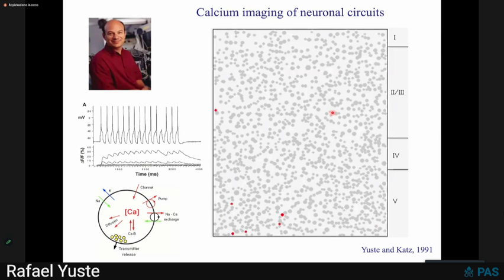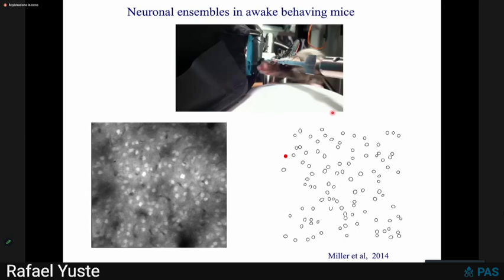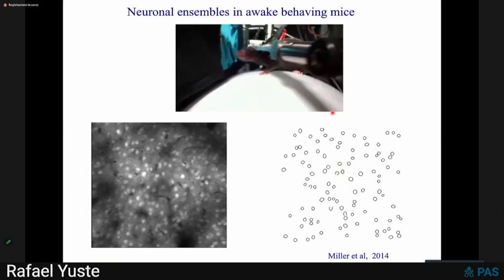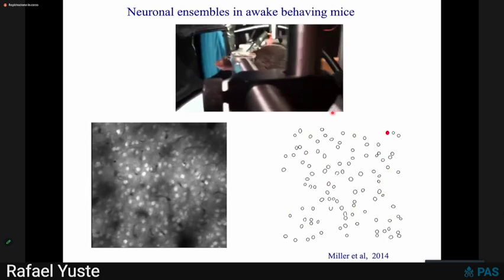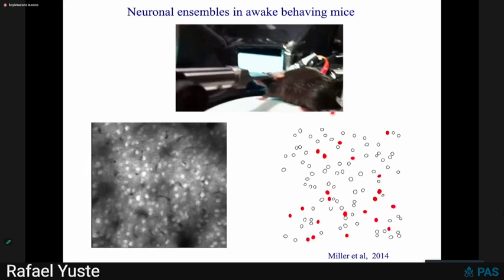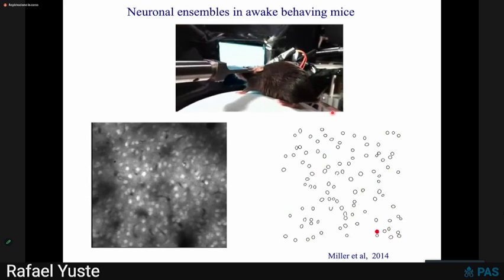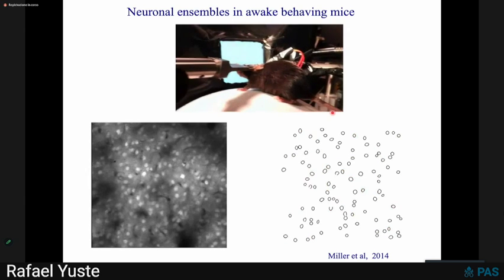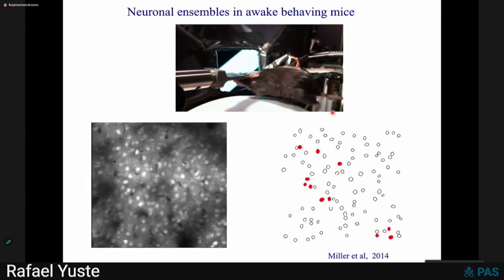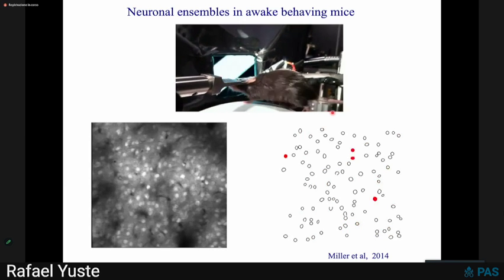Using this method together with two-photon excitation, we and many other groups have started to use calcium imaging in vivo to explore the activity and the function of neuronal circuits. This is an example of an experiment in which we have a mouse that's running on a wheel, looking at a video screen.